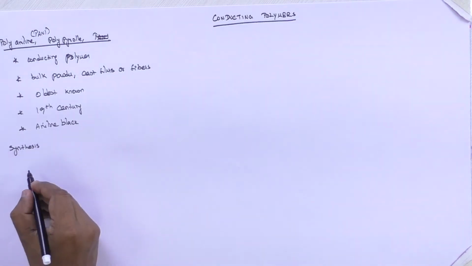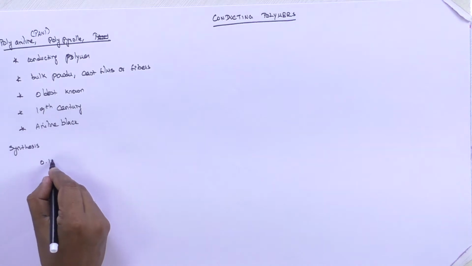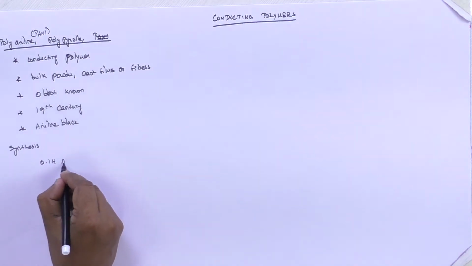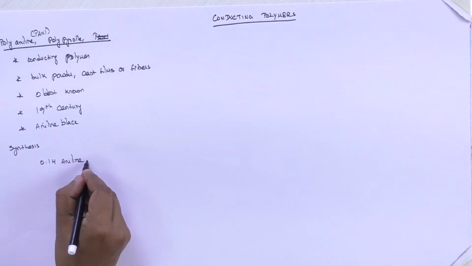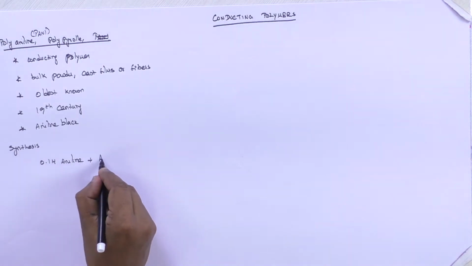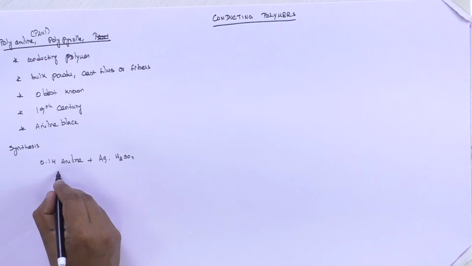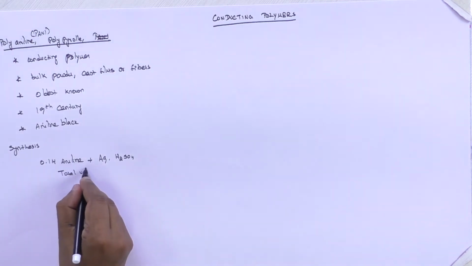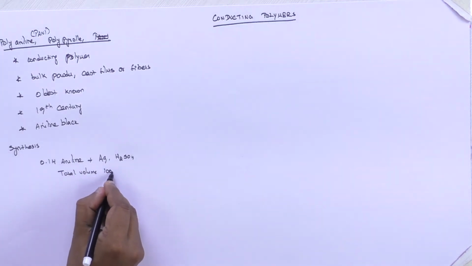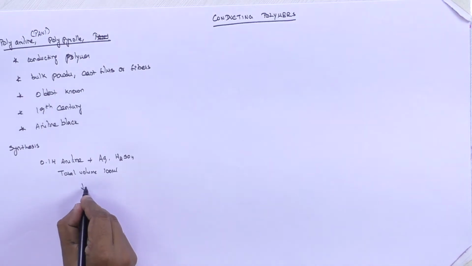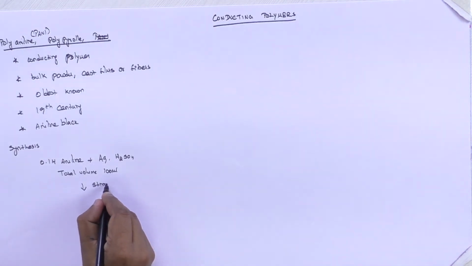We can easily take 0.1 molar aniline and aqueous sulfuric acid, total volume 200 ml, and just stir it.